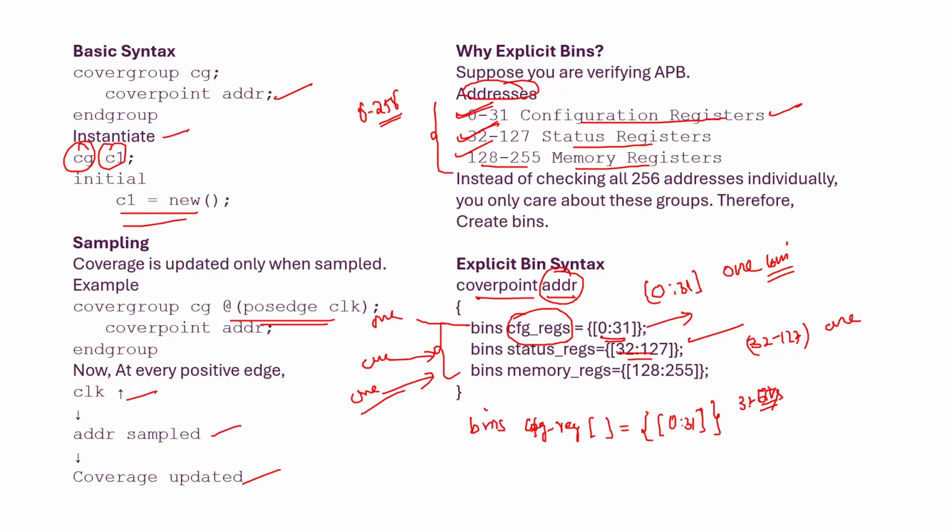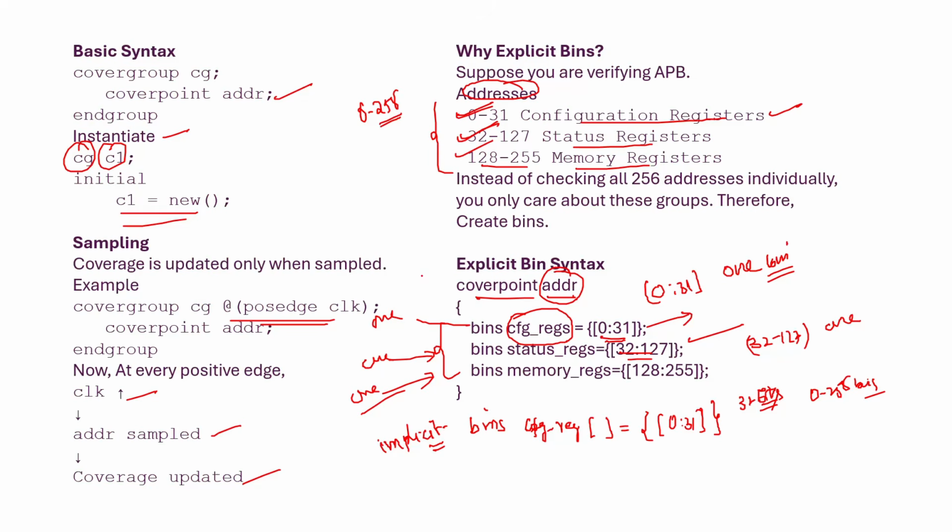Automatic bins create a separate bin for every possible value, so 0 to 255 creates 256 bins. Bins are nothing but value storage. These are implicit bins.